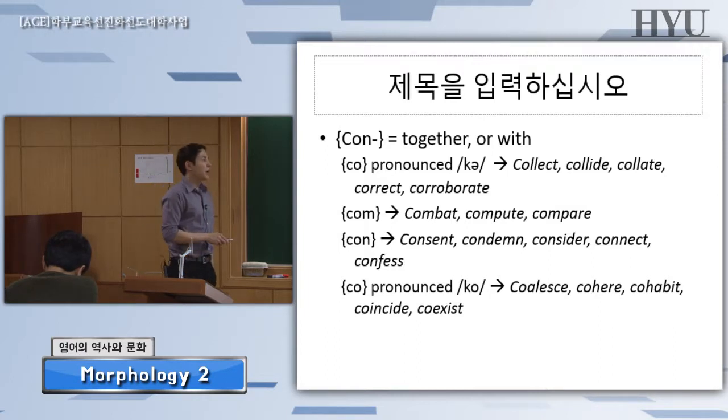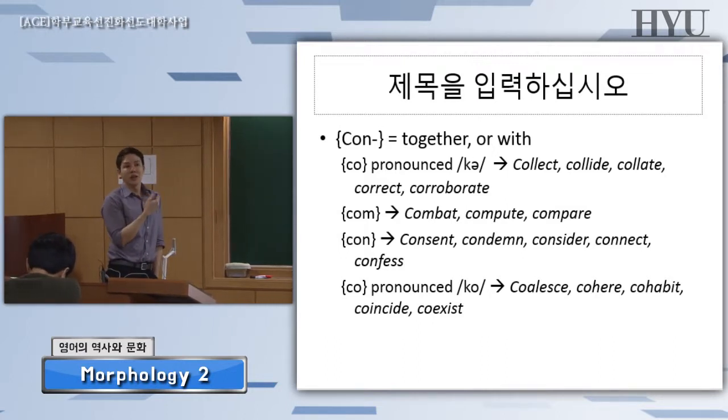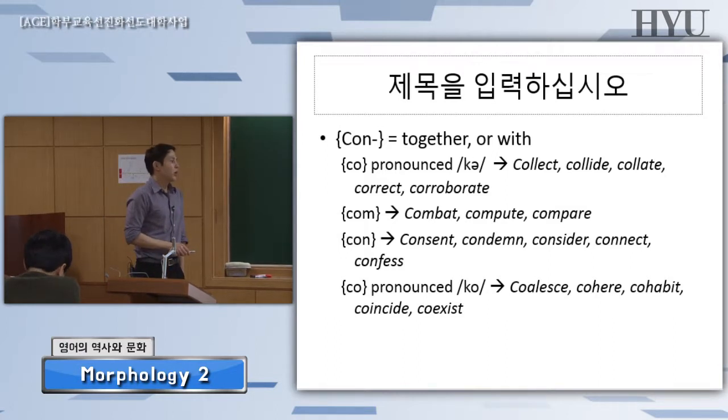Or "com" as in combat, compute, compare. Because the next word begins with a bilabial consonant, you need an M, like that. Or "con" when you have alveolar sounds following it. Or "co," pronounced "co" in other positions: coalesce, cohere, cohabit, coincide, coexist, especially when the next word begins with a vowel or H. Okay?